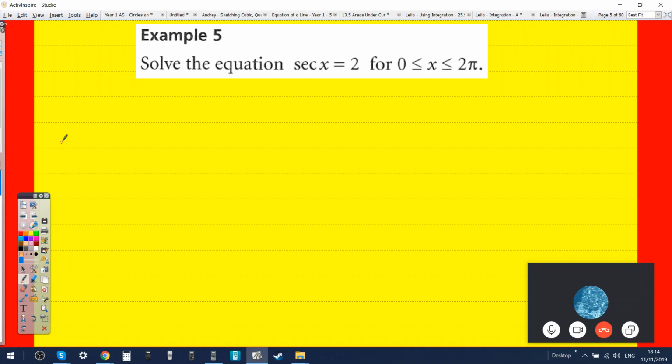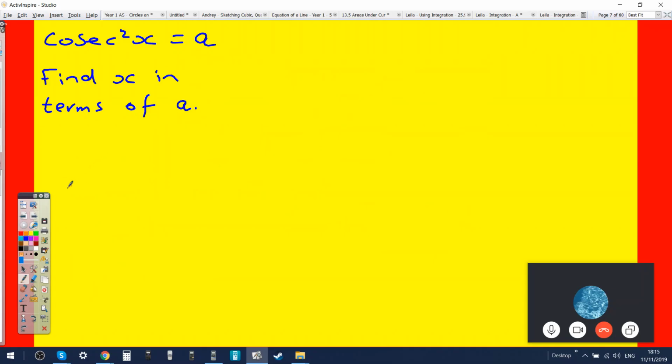And then you calculate that with radians. So cos x is a half. So x is arc cos of a half, and then you just go from there.